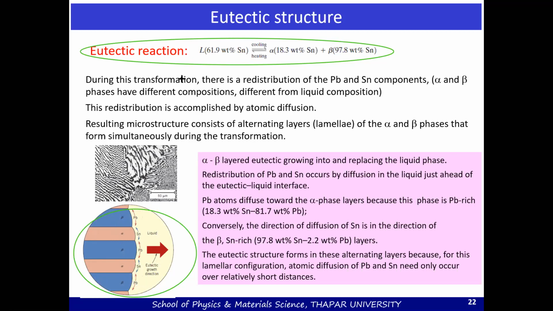So if I look at the interface, you can see your alpha is diffusing through the liquid towards the alpha phase. Here, let me mark it.